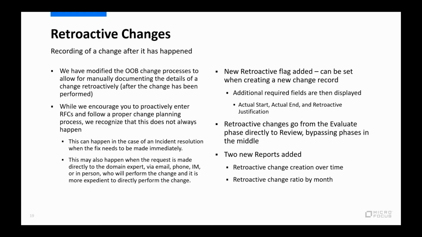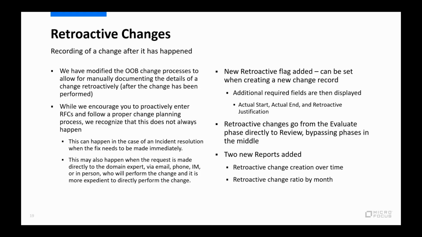So we've made changes to the workflows so that you can work the change process as it is today for non-retroactive changes. But if you identify a change as a retroactive change, then we're going to follow some different rules. So we no longer require the schedule start and end to be in the future. That's one of the main ones.